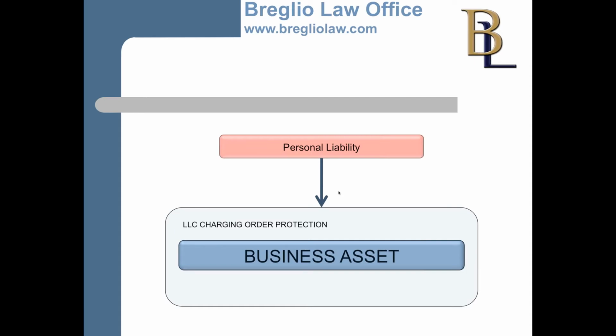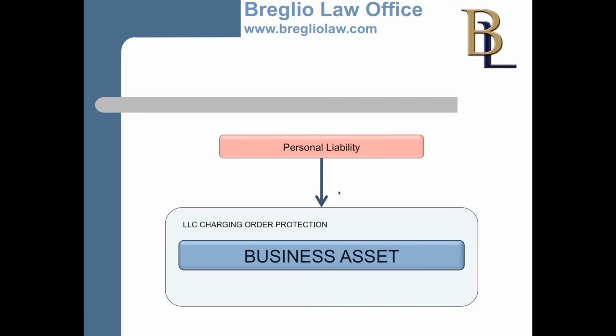We have something called charging order protection. This is a protection of business assets that derives from partnership law. Now, partnerships must, by definition, have at least two people involved, right? You can't be partners with yourself. So if you've got two people involved, you're in a partnership.